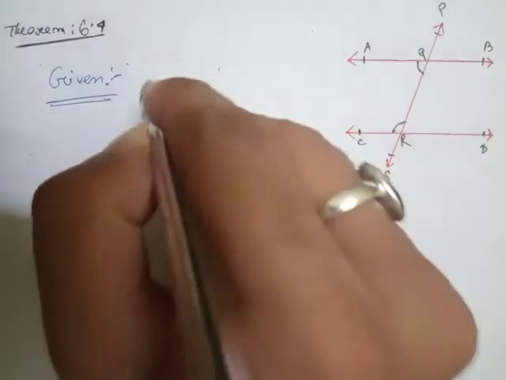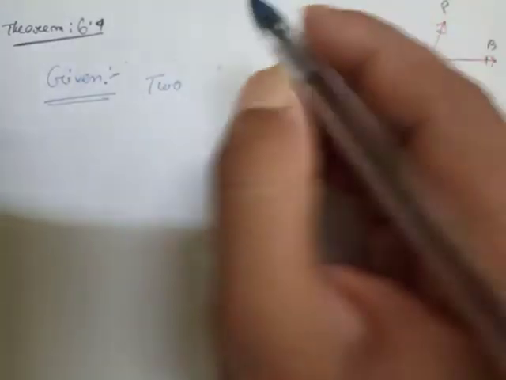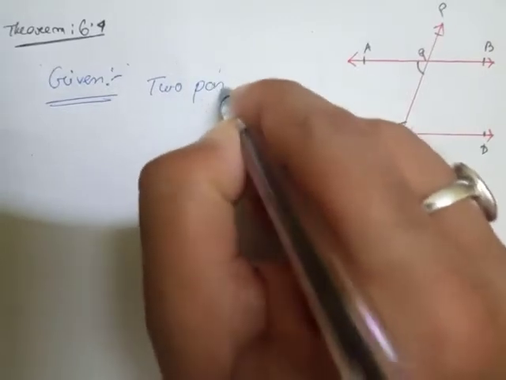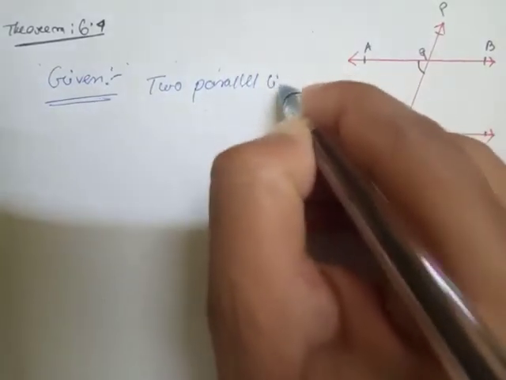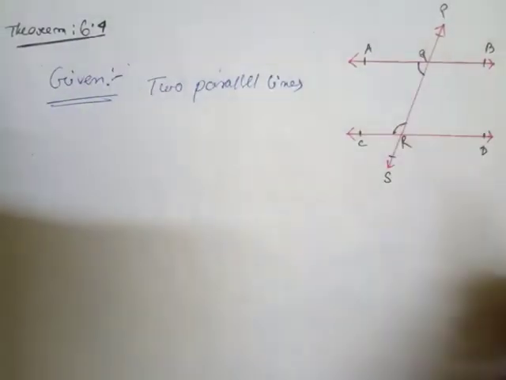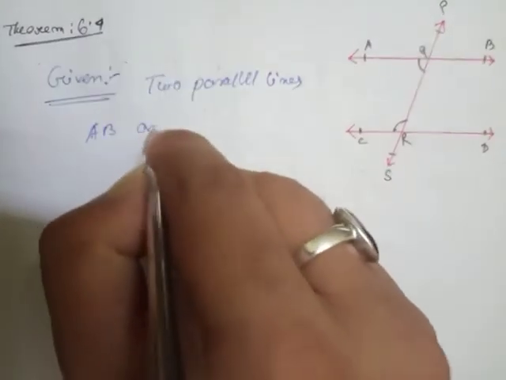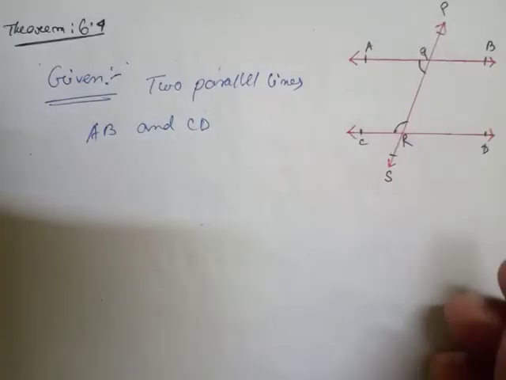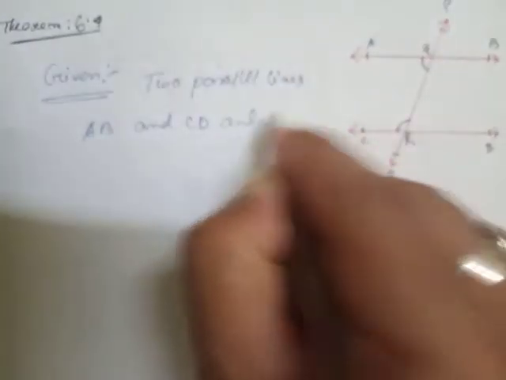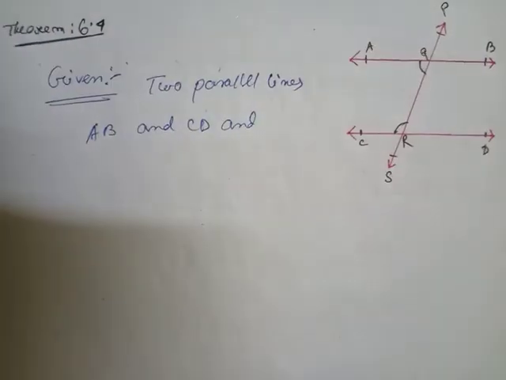Two parallel lines, which means AB and CD, and transversal.